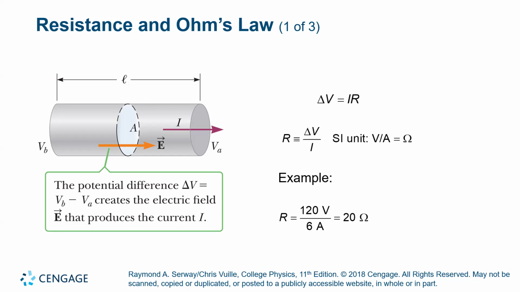The resistance is a property of this material that determines how the current responds to the voltage difference. Now, I really would prefer to learn Ohm's law using the second equation because this is what motivated Ohm's law. When they did the experiments, when Mr.